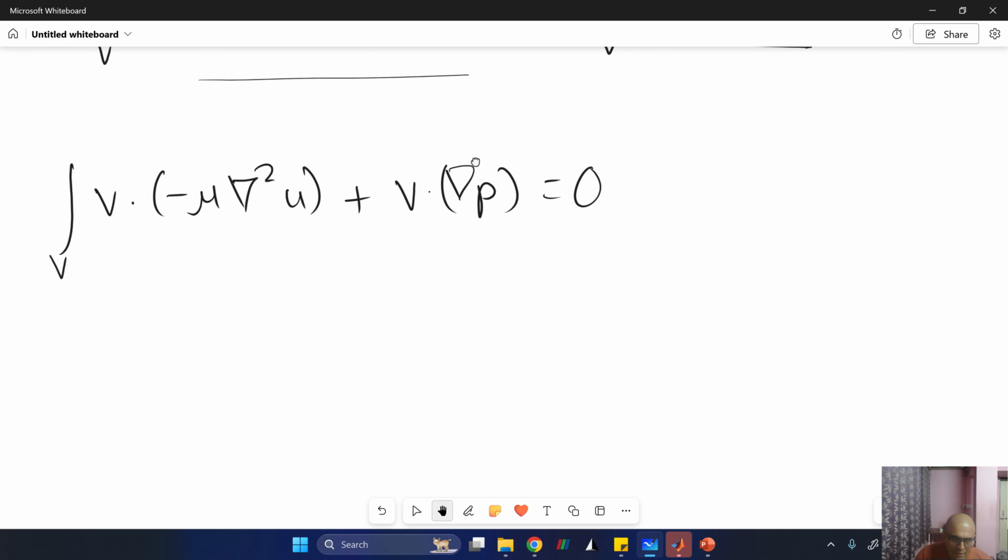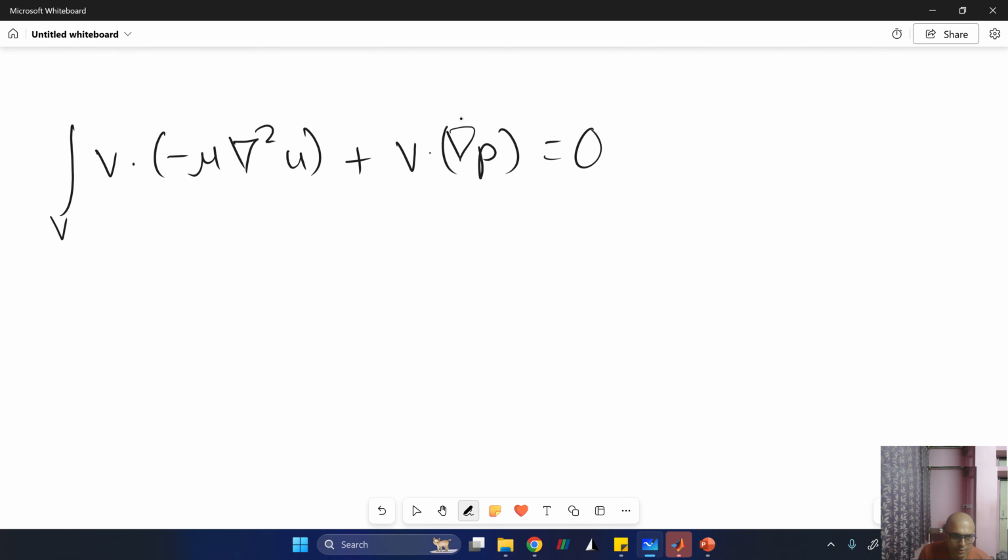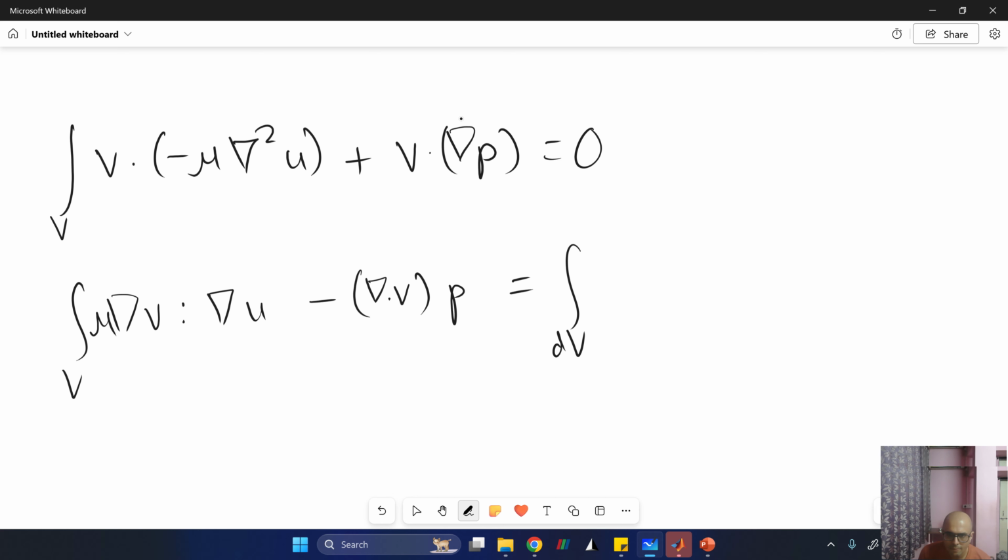And now once we integrate by parts, we'll just transfer this derivative here, and we would get grad v double dot grad u. This minus term will go away, and you still have your viscosity here, and this guy will become minus, right, is equal to.